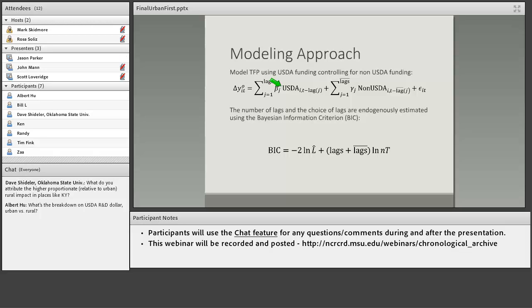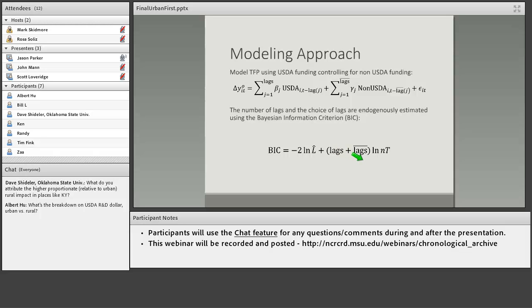So what we did was to try to select the right lag orders using the Bayesian information criterion. That's a standard model selection tool that is fairly easy to compute and allowed us to select the appropriate lag orders by looking at the model's best fit, the best fit portion appearing in the log likelihood, and then the penalty function over here, which depends on the number of lags that you're allowed in your model.